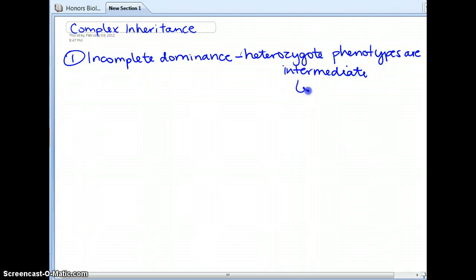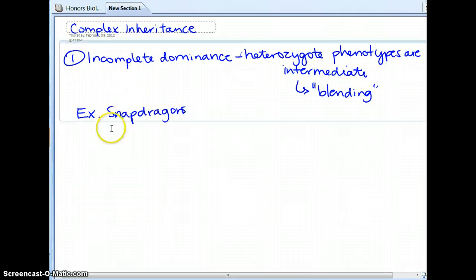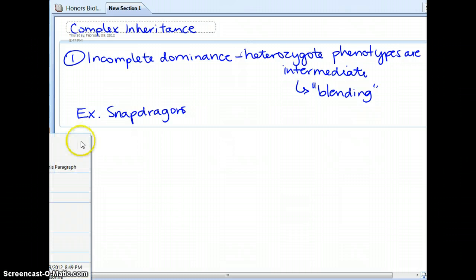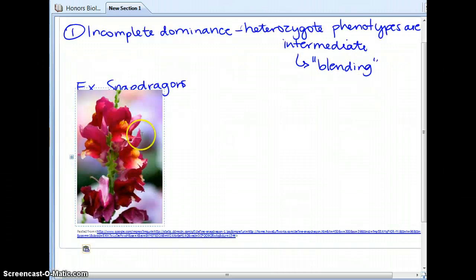And generally, what we talk about is a type of blending. Let me give you an example that we often talk about. These are snapdragons. Snapdragons are the classic example of incomplete dominance. Now, who knows what snapdragons look like? Well, I am going to show you. I love snapdragons. Snapdragons are awesome.